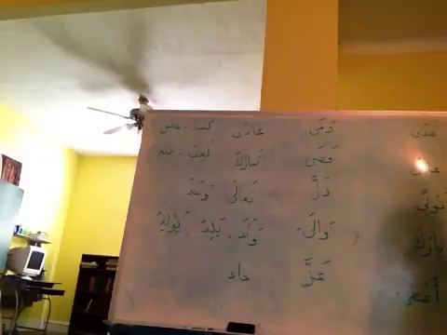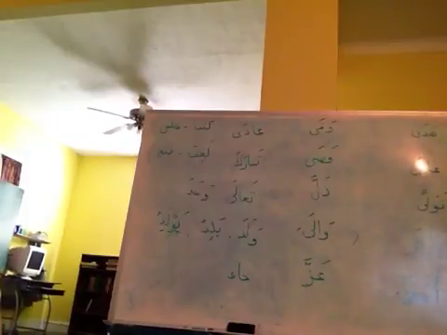Present tense: ajidu, I am finding. Tajidu, you are finding. Tajidin, if you're talking to a woman. Tajidina. Najidu, we are finding. Kayfa najidu ad-dars? How do we find the class?